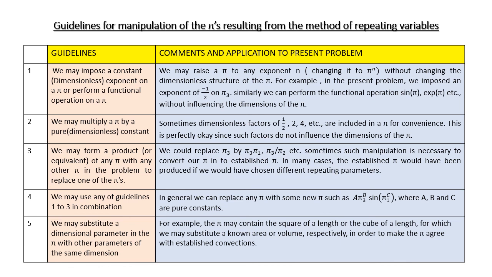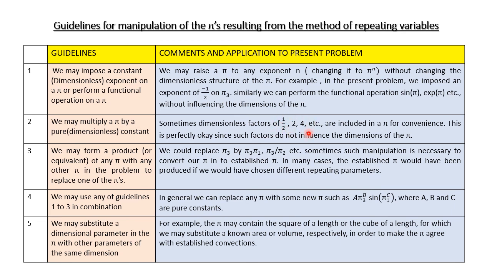We can do that as long as it does not affect the dimensionless structure of that parameter. Similarly, we can perform functional operations like sine, or use exponents. Second, we may multiply pi by a pure constant, like half, 2, or 4.